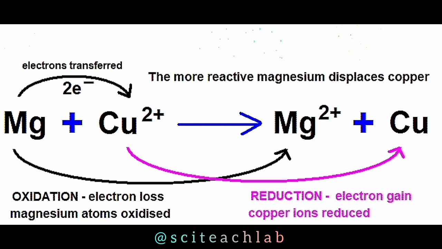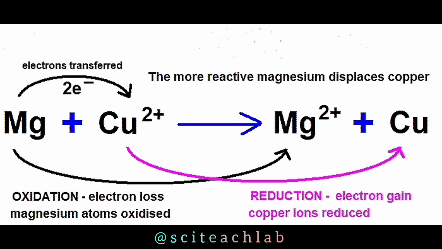To become neutral, to become 0 from being positive, you have to gain negative things. Electrons are negative, so it gained 2 electrons and became Cu. No more 2+ now. So since reduction is gain of electrons, the copper ion Cu2+ was reduced to copper metal Cu.